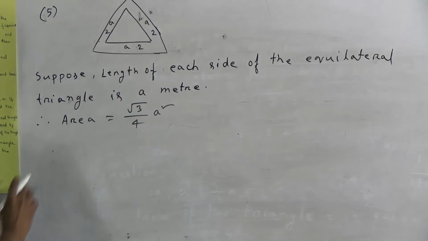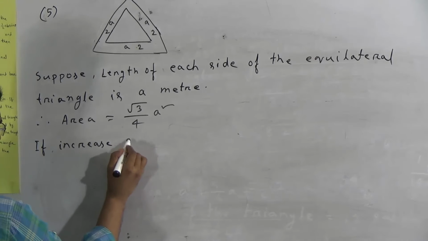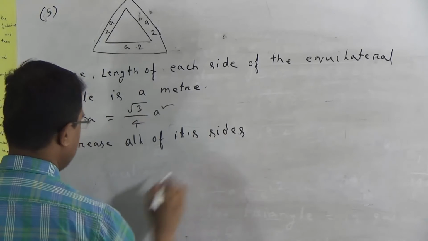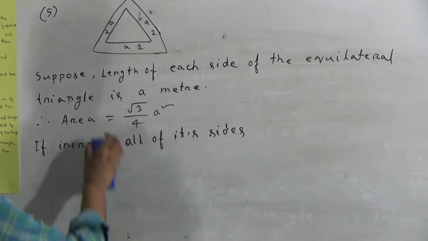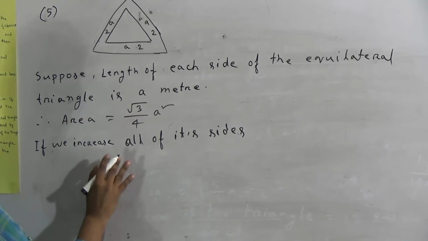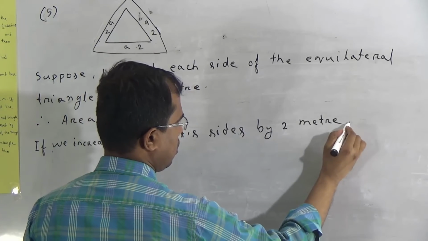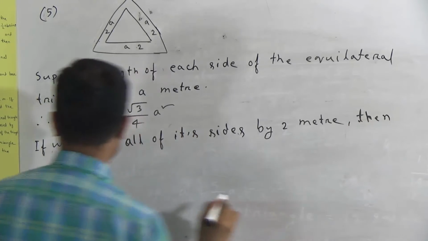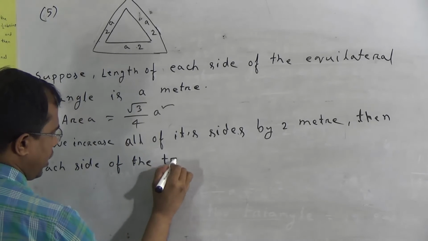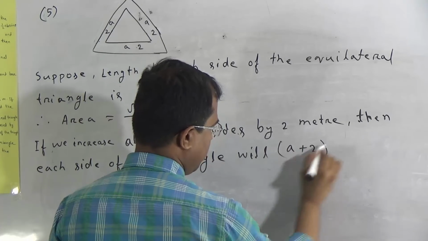Now if we increase all of its sides by 2 meter, then each side of the triangle will be a plus 2 meter.